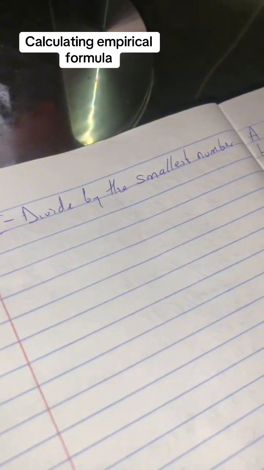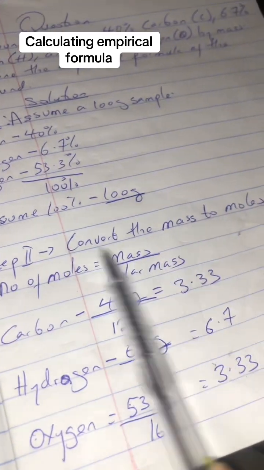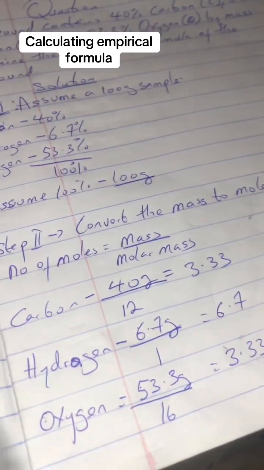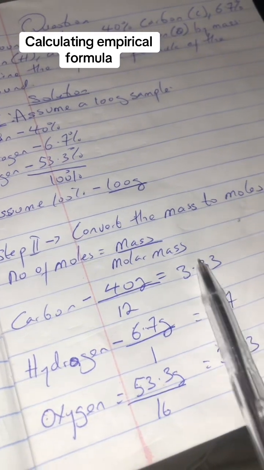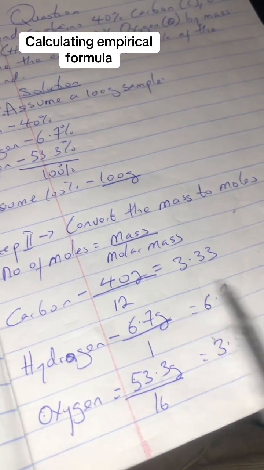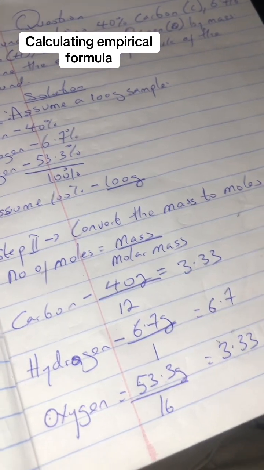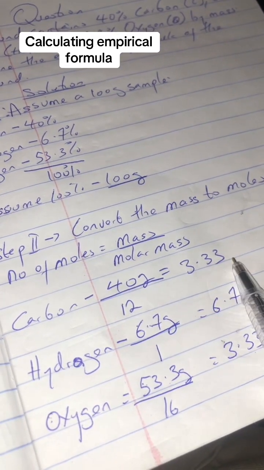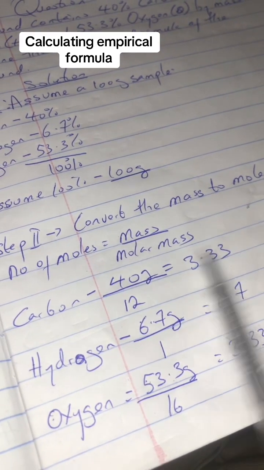What do we mean by that? After calculating this in step 2, converting the mass to moles, the figures we got here, we're going to be dividing them by the smallest number. What's the smallest number here? 3.33 is the smallest number here.